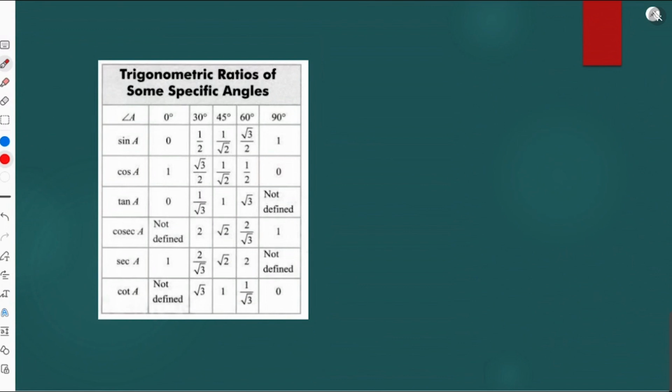These are the values which we can calculate just from an equilateral triangle and a right angled isosceles triangle. Suppose, let's consider an equilateral triangle ABC. Since we know that each angle of an equilateral triangle is 60 degrees, consider the altitude of the equilateral triangle.